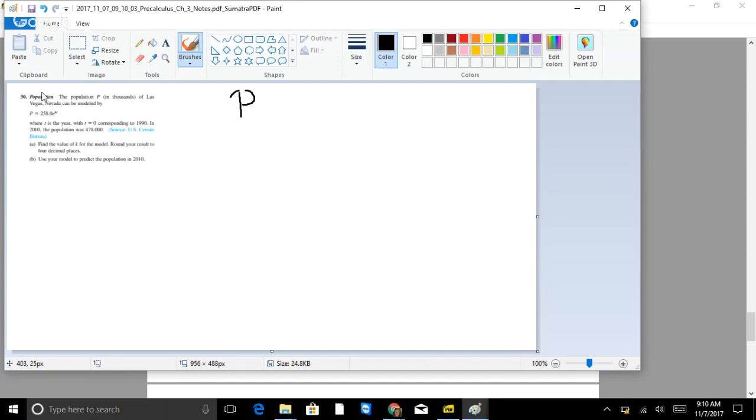Population in thousands equals 258 e to the kt power. k represents some constant, t is the time. So they tell us that when t equals 0, that's 1990, okay?